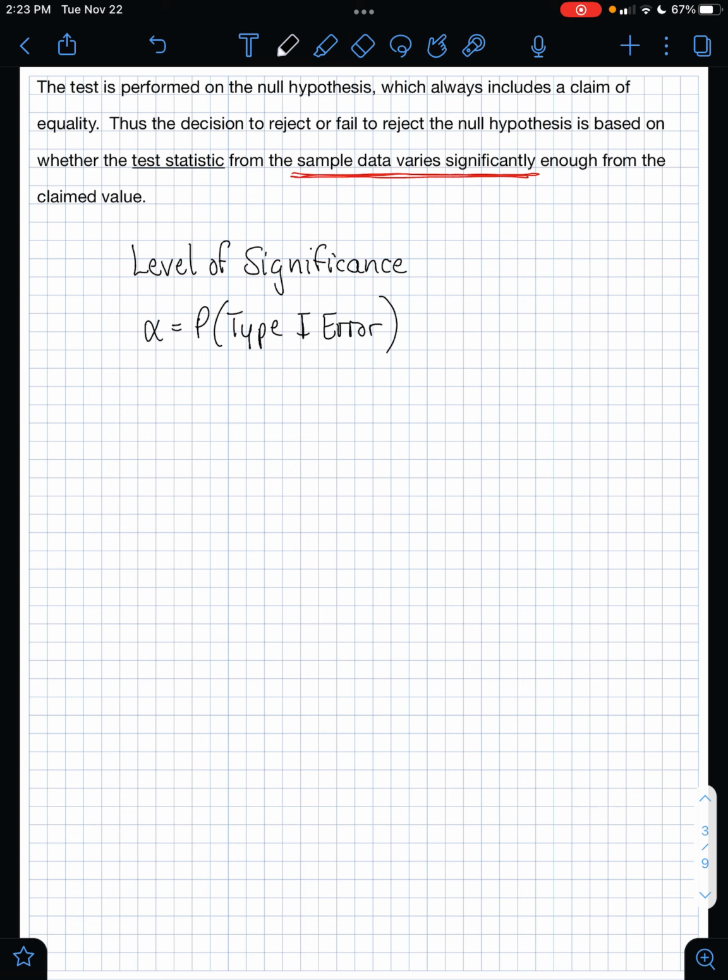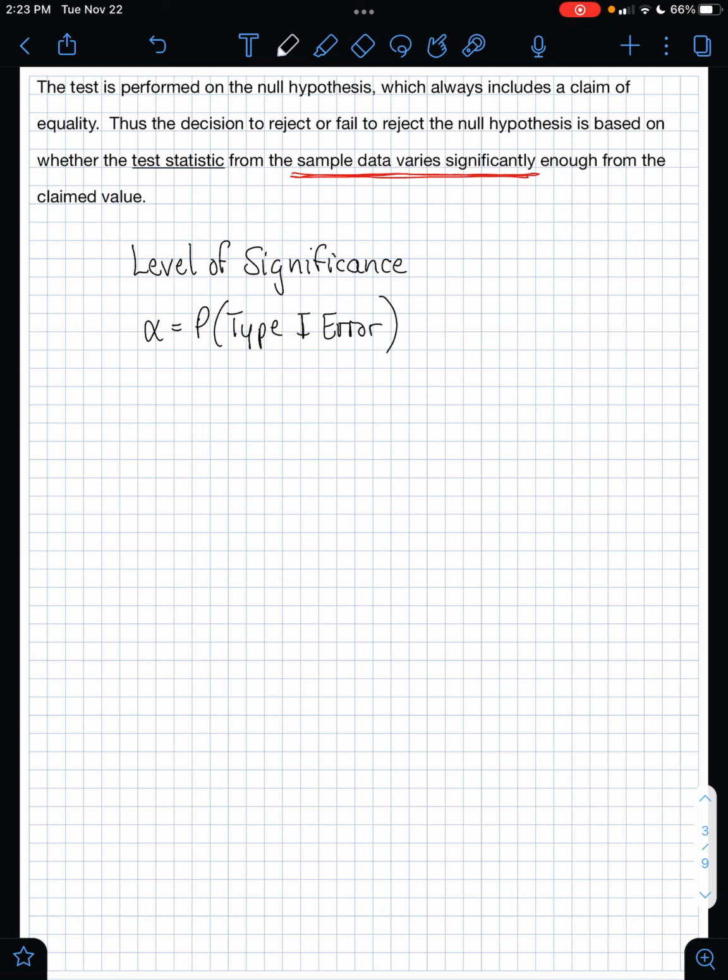Alpha represented the area very far away from the center of the distribution, at the extreme left and the extreme right. So that's where our type 1 error is. We want to know if our test statistic, our sample data, provided a value so significantly different that it was enough to say, nope, that claim was wrong.